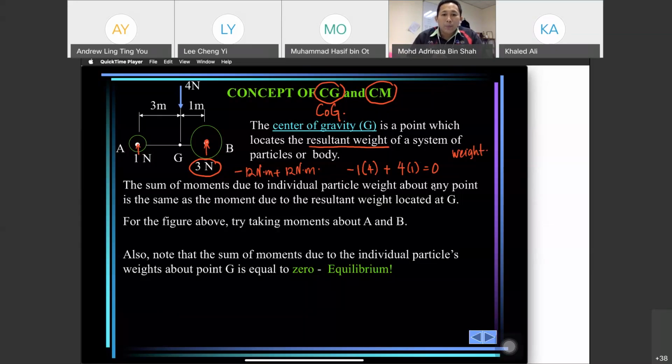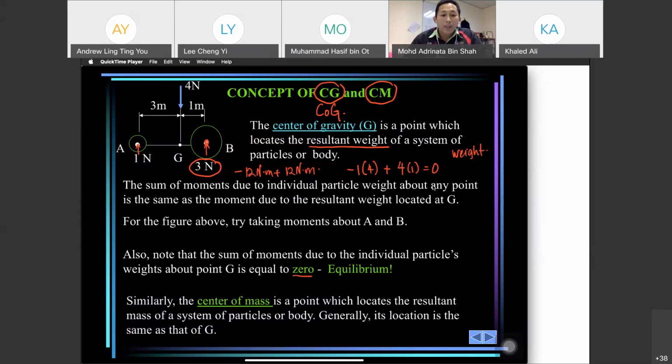Note that the sum of moments due to the individual particles' weights about point G is equal to 0 in equilibrium. Similarly, the center of mass is a point which locates the resultant mass of a system of particles or body. Generally, its location is the same as that of G. So, it is the same, where the center of gravity is, that is where the reaction will act because of the body.